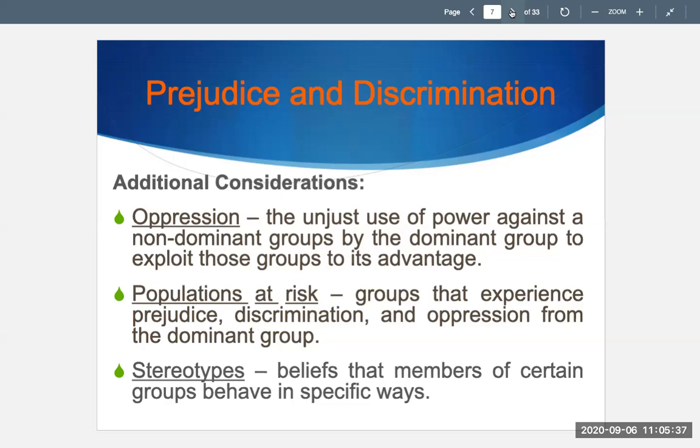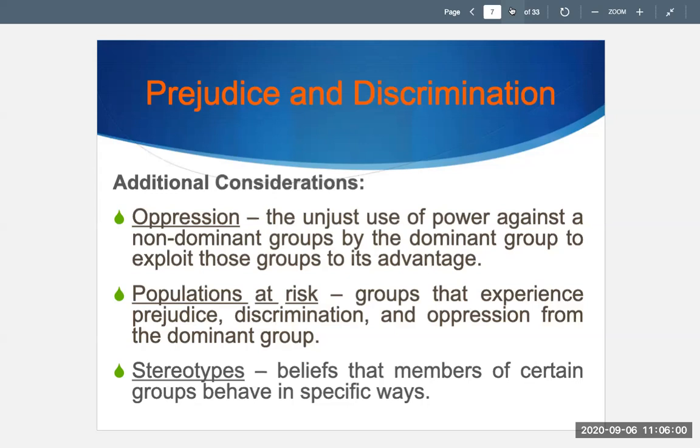Populations at risk, this is a term that's quite frequently used in social work, and it's really a sort of catchphrase for being able to identify in any given situation a particular group or population that might be experiencing prejudice, discrimination, or oppression. And then stereotypes. These are the beliefs that members of certain groups behave in specific ways.